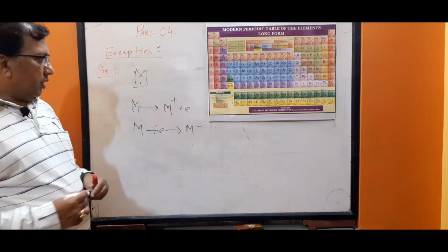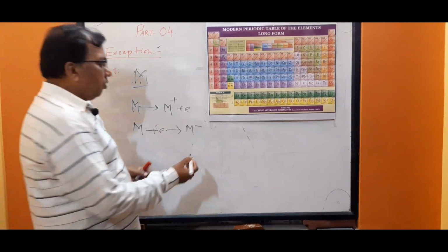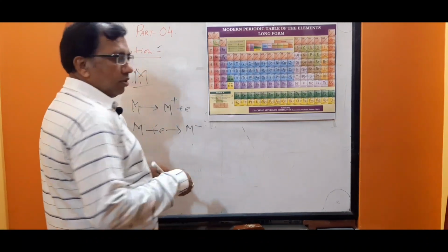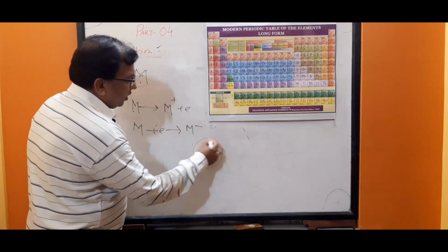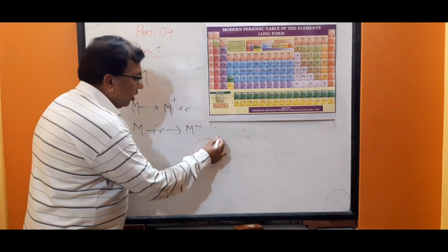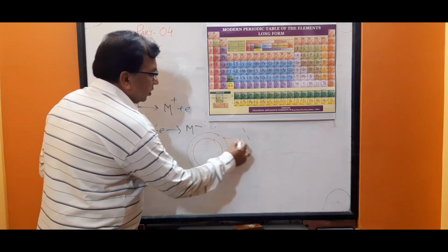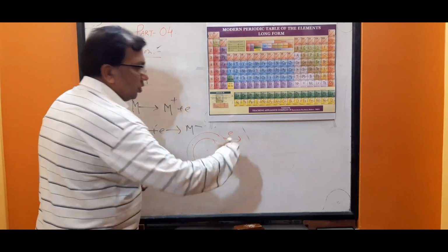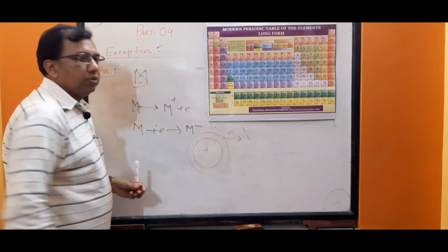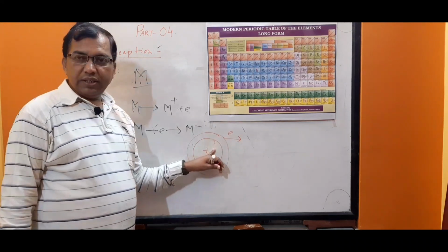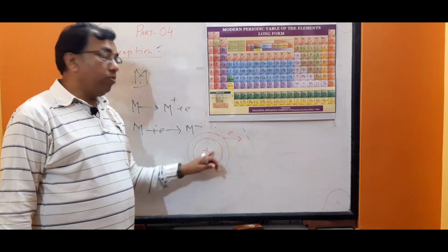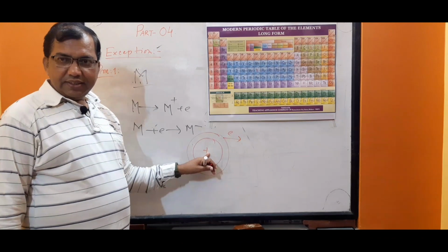So what is the size of the atoms? See, all of you know, from any atom, if the outermost electron is lost, then the size of the atom will be less, the atomic radius will be less. Okay.